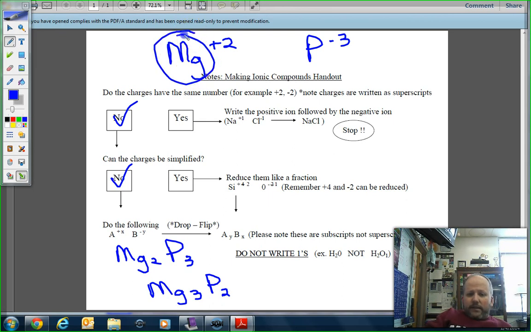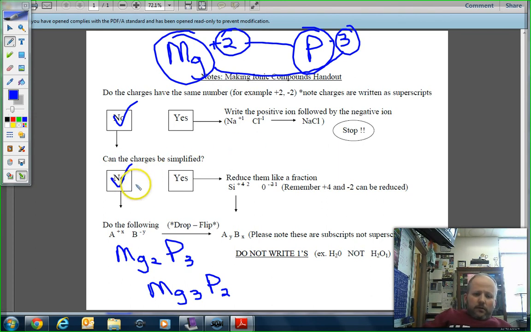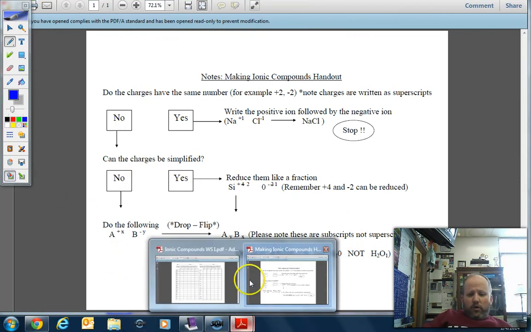But what I like to think is Mg, put that number behind it, P, put that number behind it. And that's exactly why we do that. Now, that's all you need to know in order to do the homework.